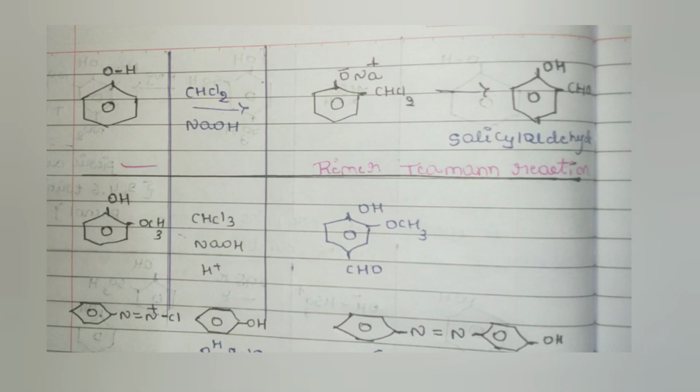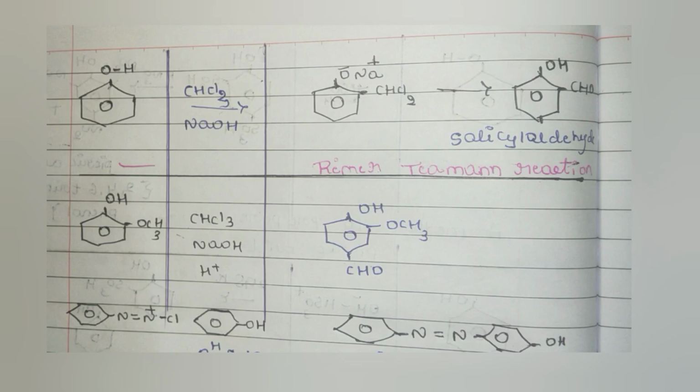The next one is the Reimer-Tiemann reaction. When phenol is treated with CHCl3, chloroform, in the presence of alkali, it first gives an intermediate. On acidification, salicylaldehyde is formed.